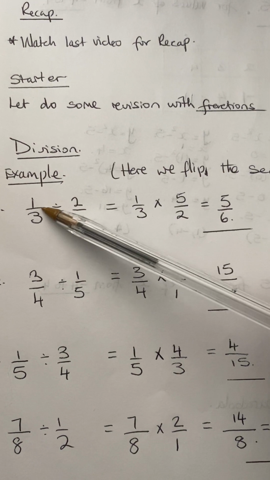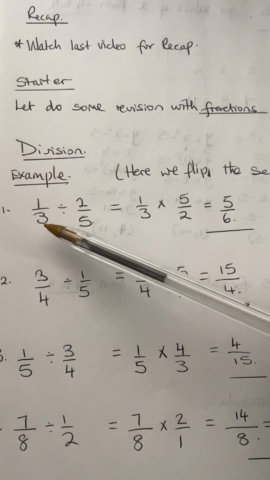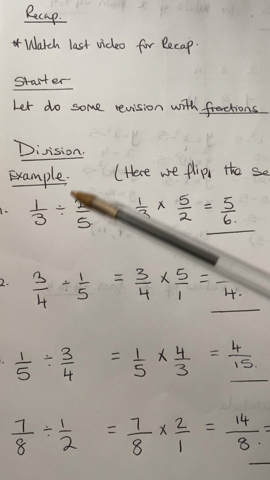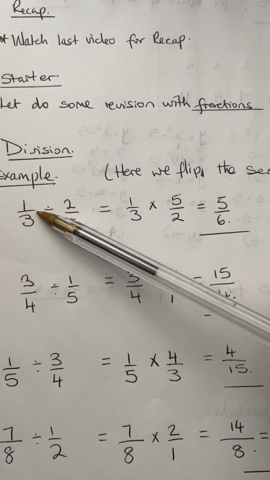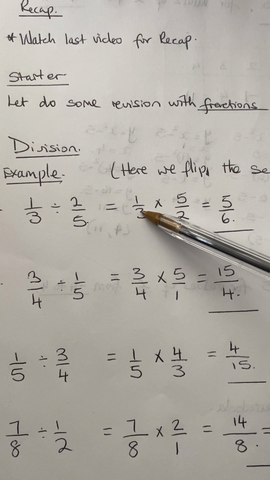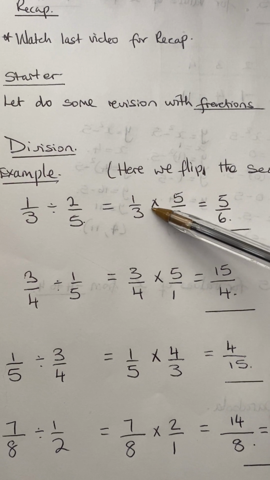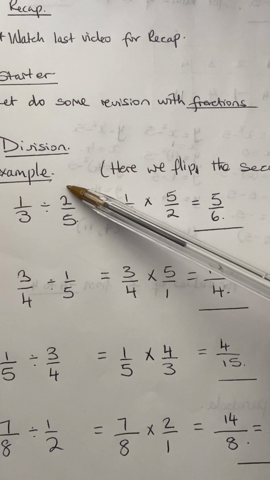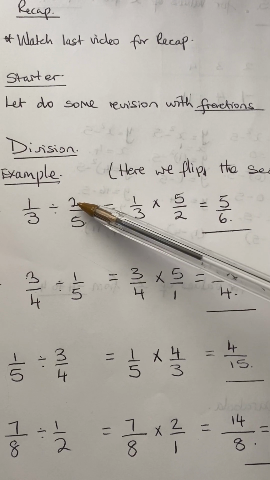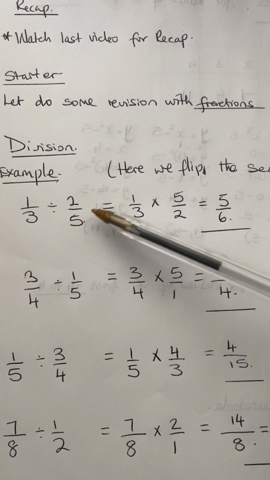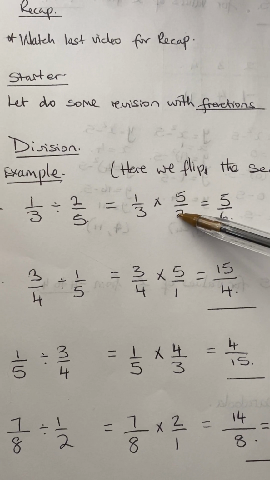You can't say 1 divided by 2, 3 divided by 5. You can't do that. So, you have 1 over 3. Then you bring your multiplication sign. Now, the second fraction, you need to flip. So, 2 over 5 becomes 5 over 2.